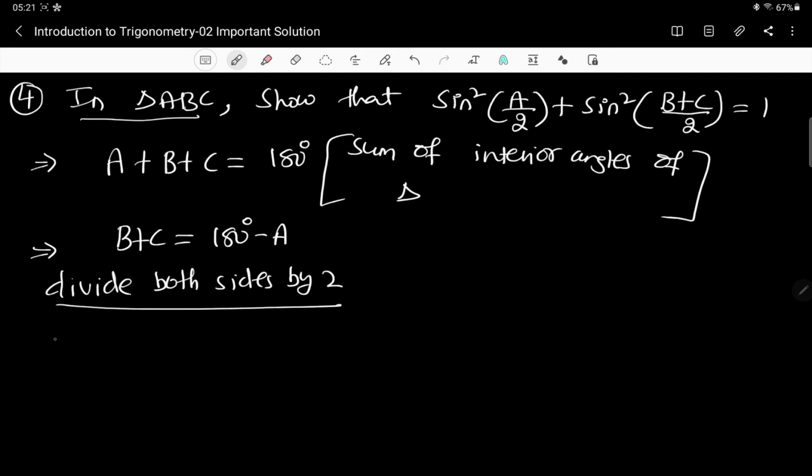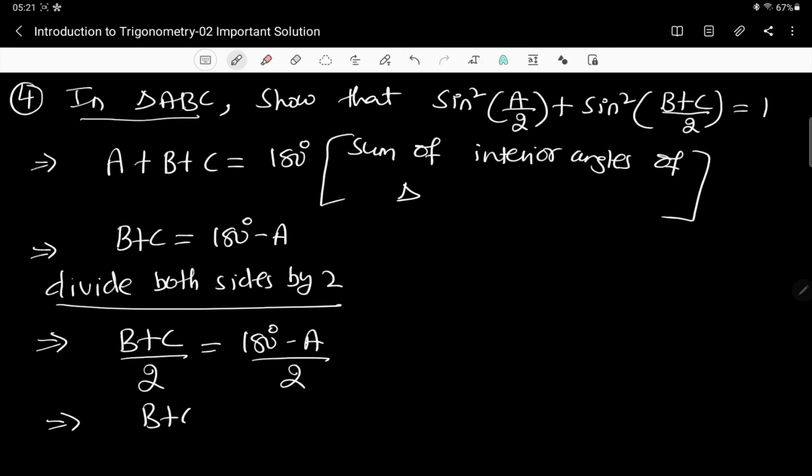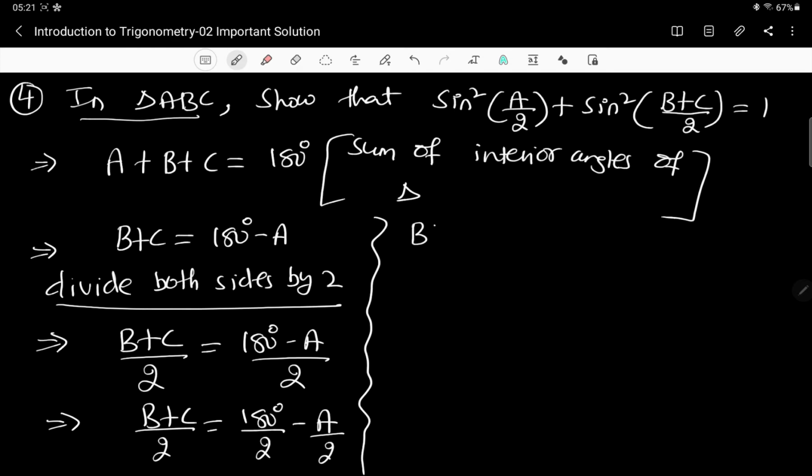Once you divide both sides by 2, it becomes (B plus C) by 2 equals (180 degrees minus A) by 2. So afterwards, (B plus C) by 2 is equal to 180 degrees divided by 2 minus A by 2. 180 by 2 is 90, so that becomes 90 degrees minus A by 2.